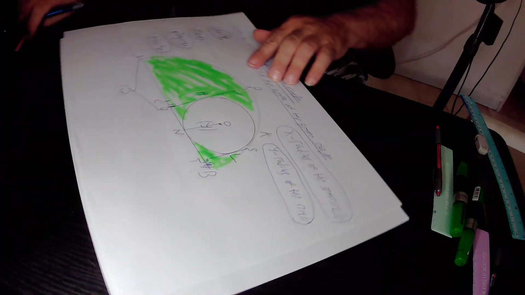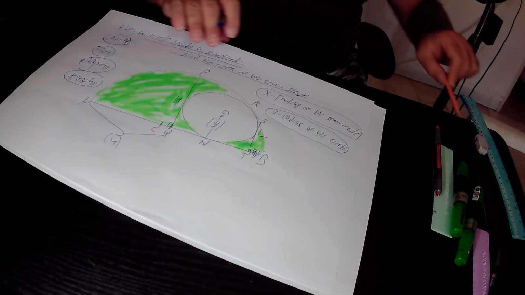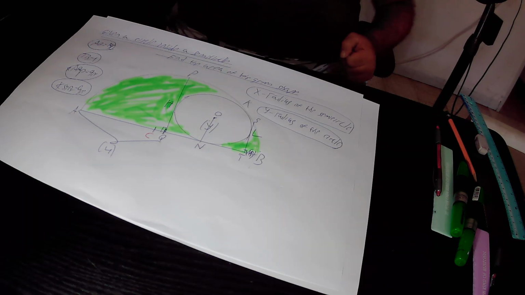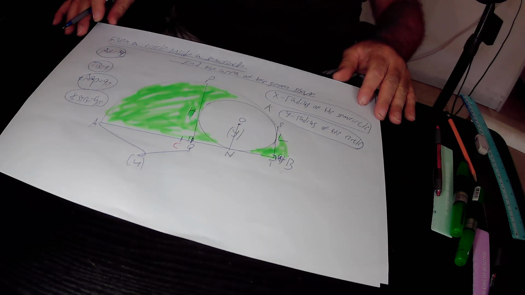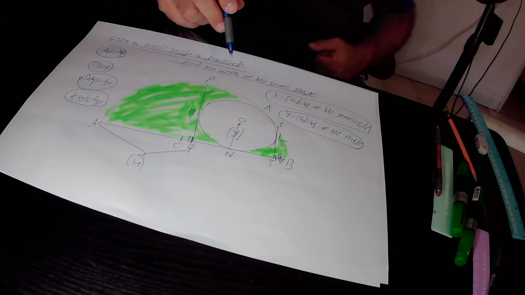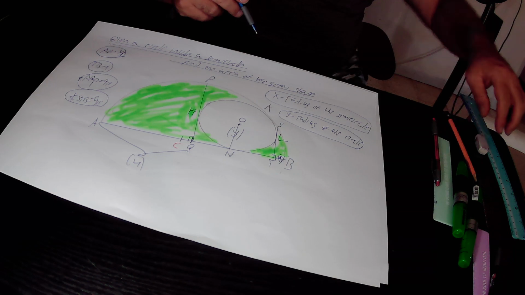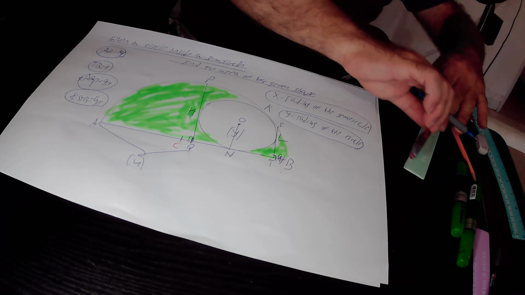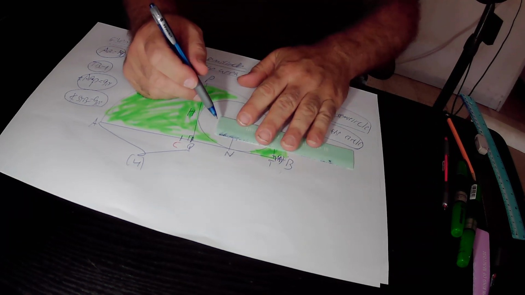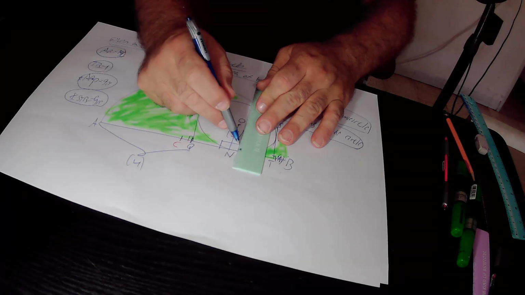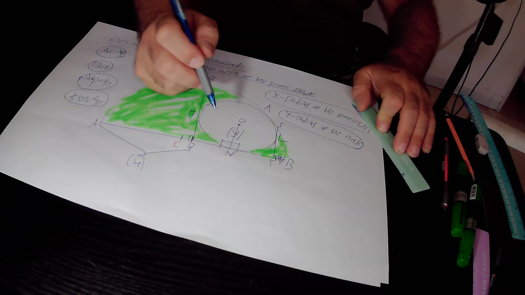The radius ON is drawn to point N, the point of tangency of tangent AB with this small circle. And whenever you have a radius that is drawn to the point of tangency, then tangent AB will be perpendicular to the radius NO. If AB is perpendicular to NO, it means that this angle equals 90 degrees and this angle also equals 90 degrees according to rule 1.